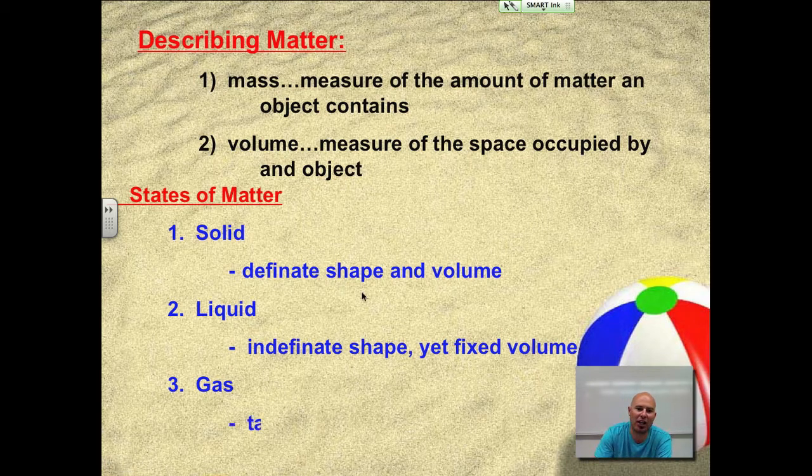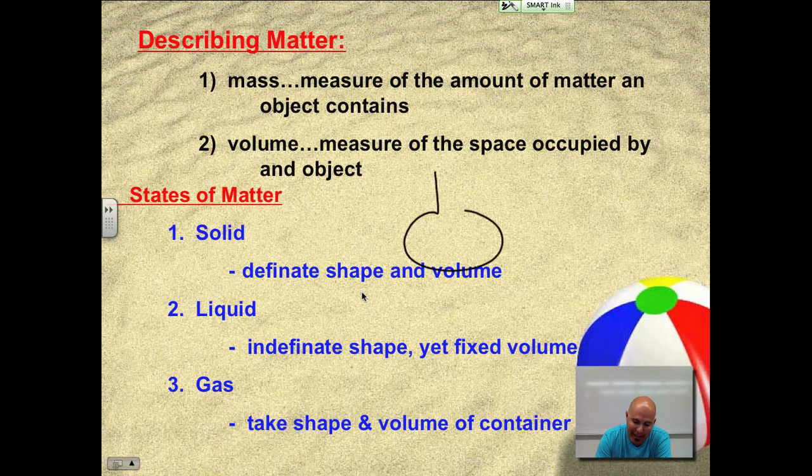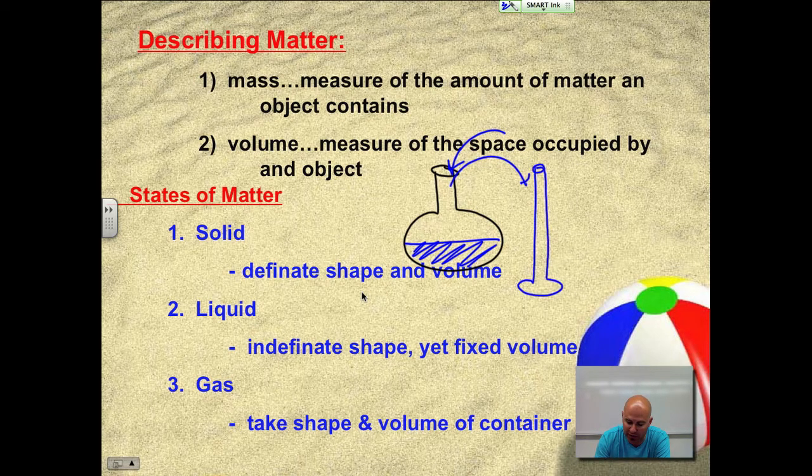Gases, on the other hand, have an indefinite shape and an indefinite volume. It'll take the shape and the volume of the container. So if you have a round flask, let's say, you can pour your liquid in there. It'll take the shape of the container, round. If I poured this now into a graduated cylinder, obviously it would take that skinny shape.